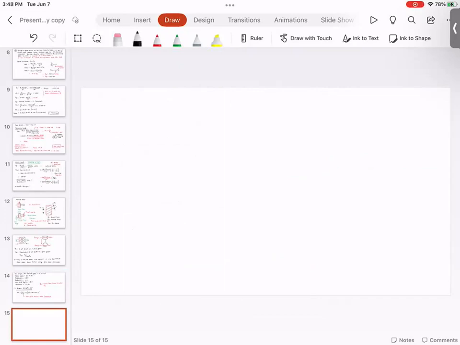The second part is the dynamic load. And the equations are similar, but I'll show you what the difference is.